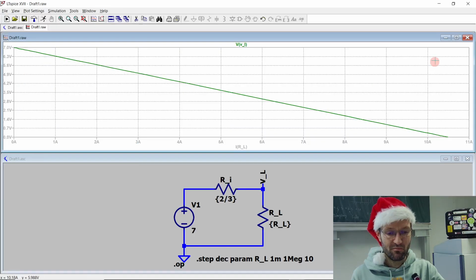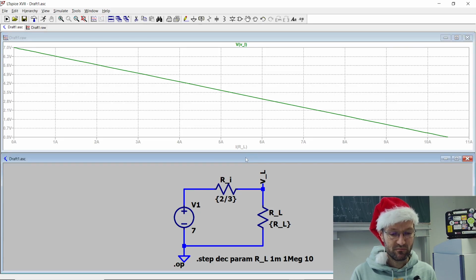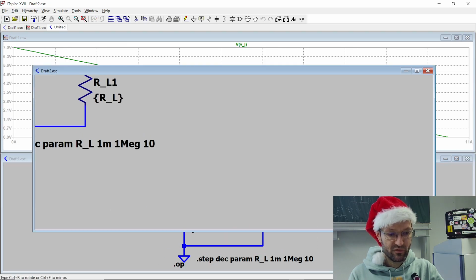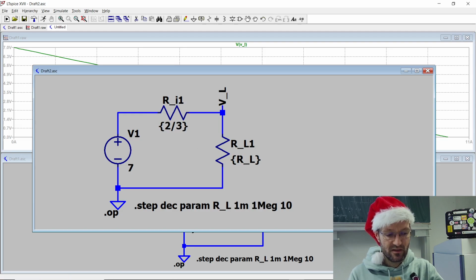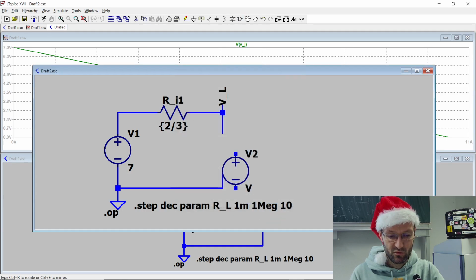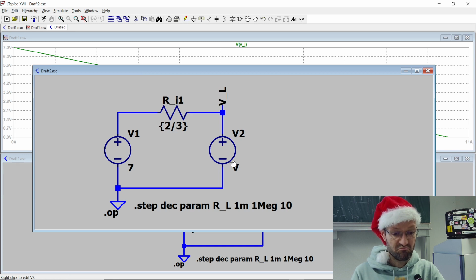So yeah, we need to add a source. So I will, if I can, try to copy all this stuff here and then open up a new schematic and paste it there, and take the delete button on my keyboard, delete this resistor, and insert another source, a voltage source that would charge and discharge our battery.